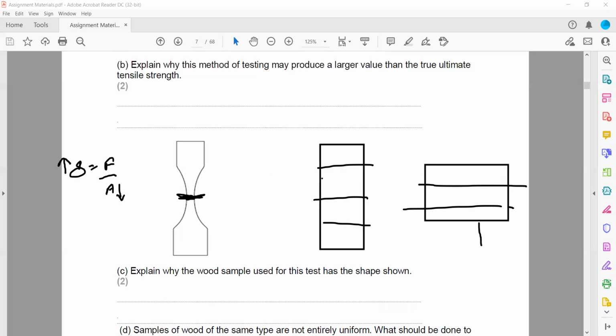So why is it 2 marks? 1 mark is for mentioning that it will likely break at a narrow point, and the second is because it has a small area, so that will give us the large, or maximum, ultimate tensile strength. So it will break at a certain point and the maximum stress will be there in the center.